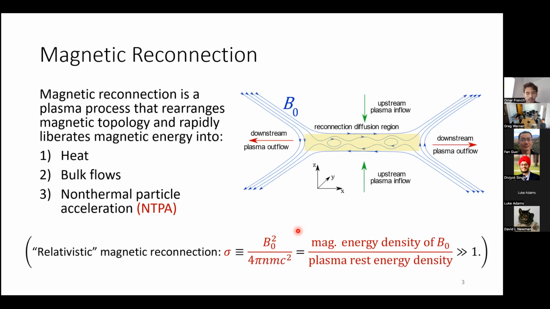However, after this reconfiguration, magnetic field lines that are reconnected flow downstream, shown by these red arrows here, and with those field lines are dragged those out-of-plane accelerated particles, which creates the outflow.